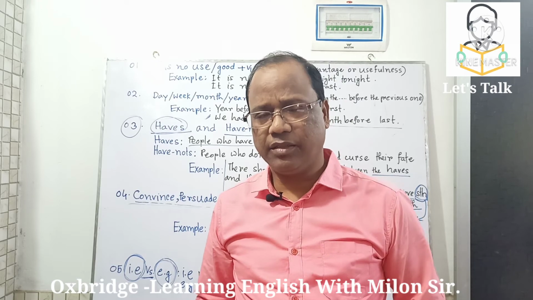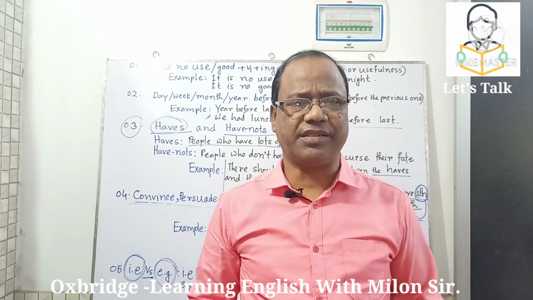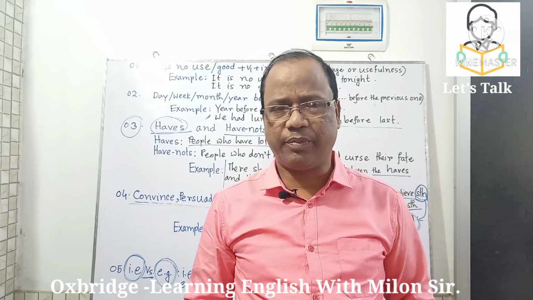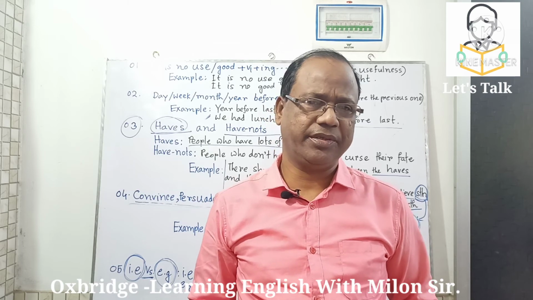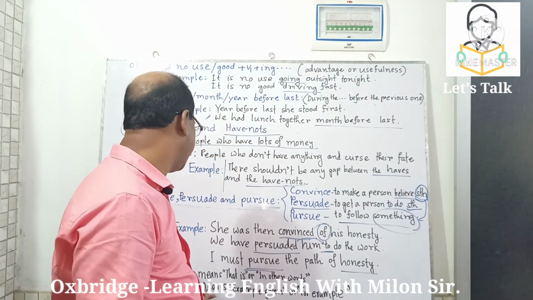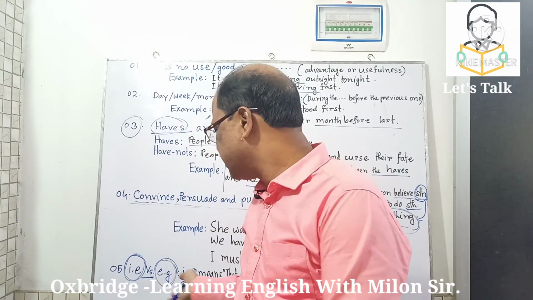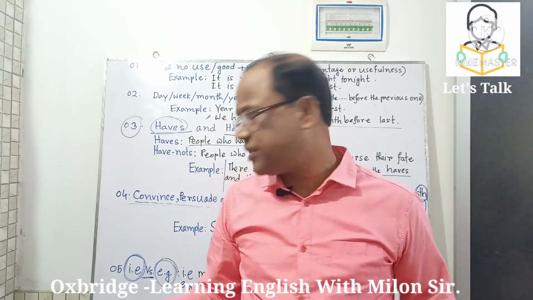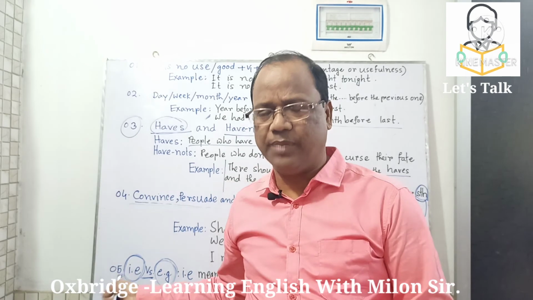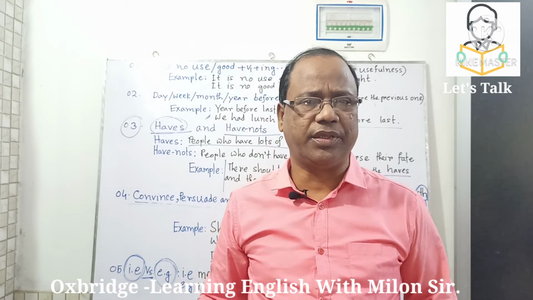On the contrary, EG means for example or example given. Dear viewers, I haven't written any example on these two terms because here we only make mistakes considering the meaning of these two terms, so we don't need an example for them.